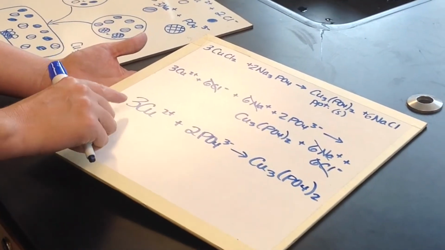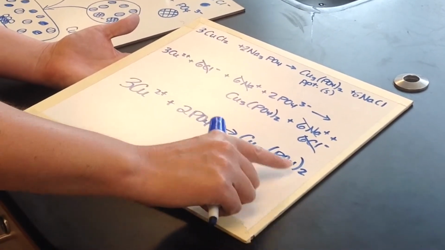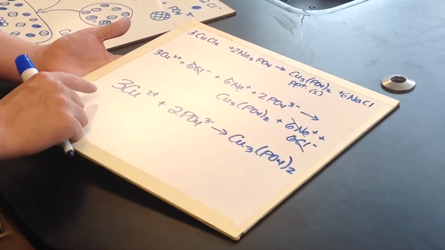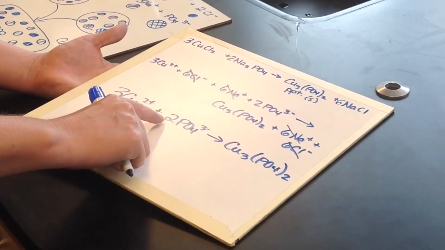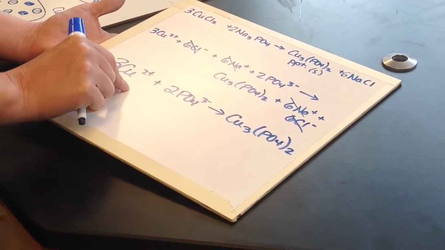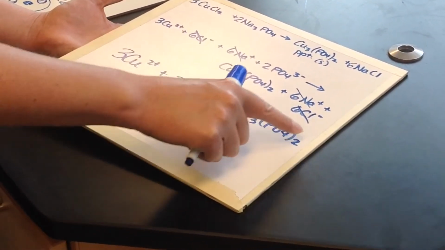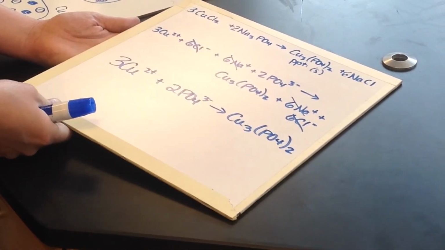It's balanced for us in terms of atoms, 3 coppers, 2 phosphates, 2 phosphates. It's also balanced in terms of charge, which is important as well. 3 times positive 2 is plus 6. 2 times negative 3 is negative 6. So it's a 0 charge here, and then obviously a 0 charge here. And so it's our net ionic equation for what happened.